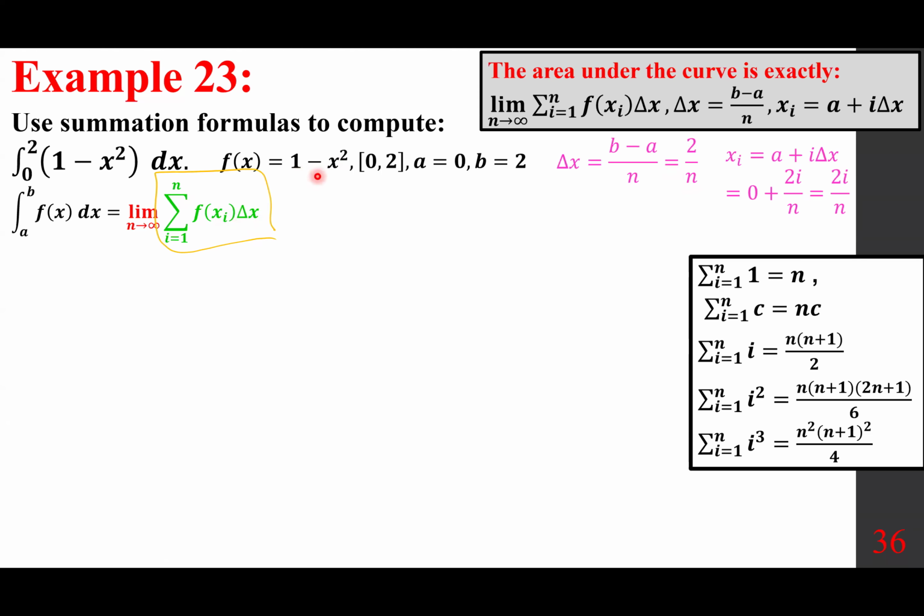Well, if f of x is 1 minus x squared, f of x sub i would be 1 minus x, where x is going to be replaced by x sub i, which means 2i over n quantity squared. So f of x sub i is 1 minus 2i over n quantity squared. So into this, we replace the f of x sub i with that, and then delta x with 2 over n.